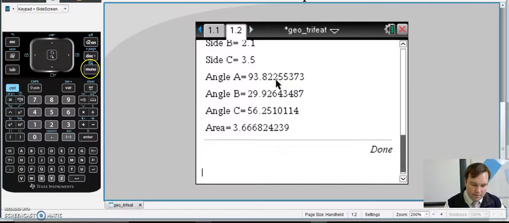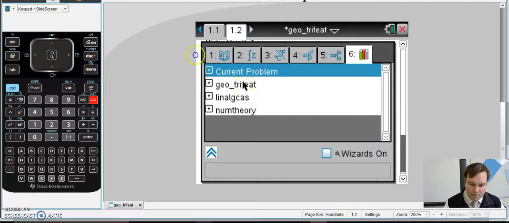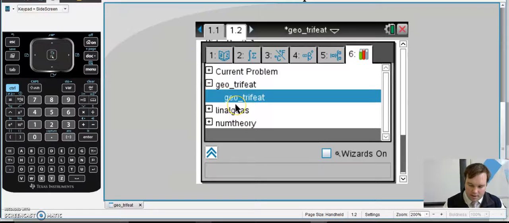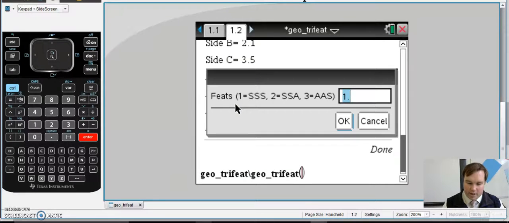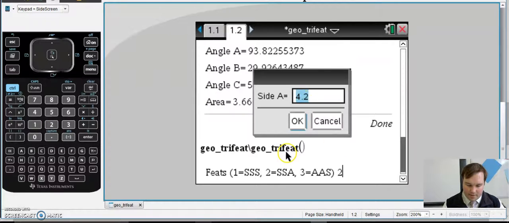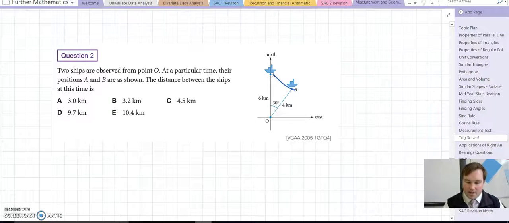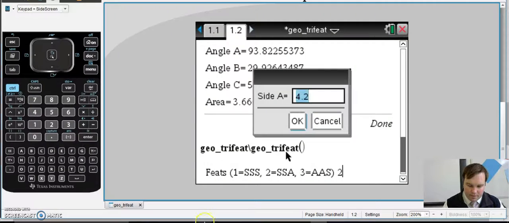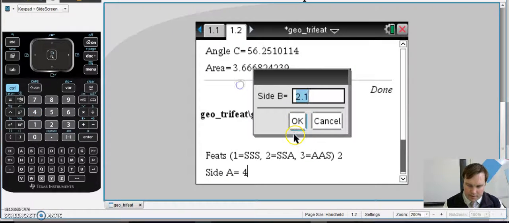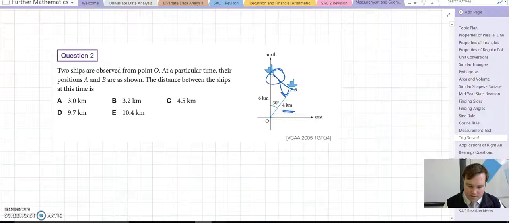Once again, Trig Solver, book, Geotrifeed, enter. We are going to give it 2 sides and an angle, so 2. Side A. Alright, so we have to decide side A is this one here. We might as well use the A they've given us. So side A is 4. Side B, 6.